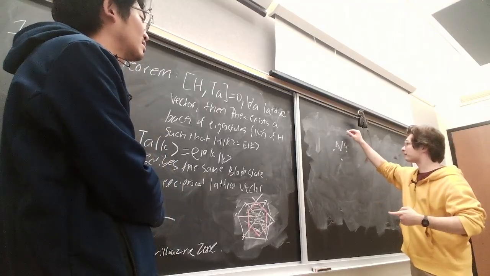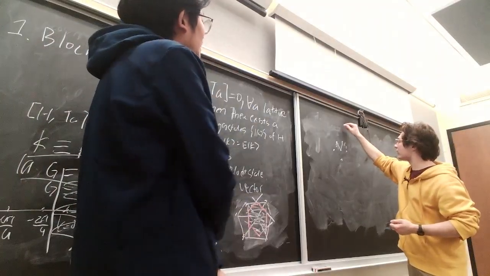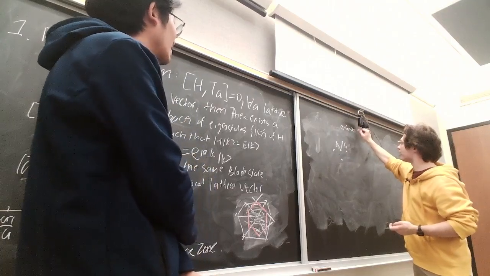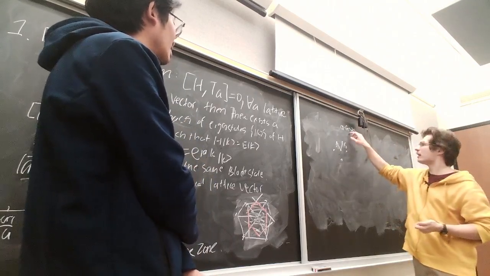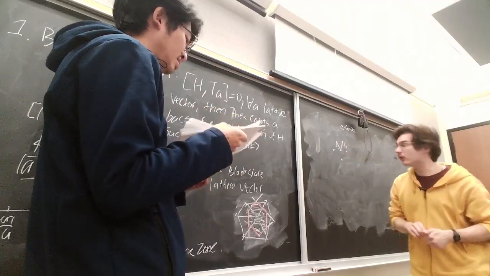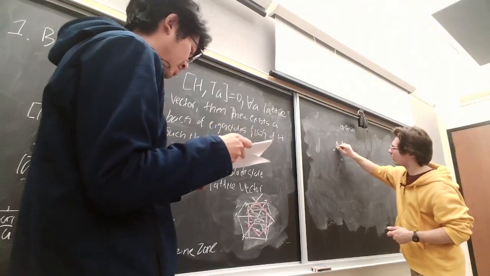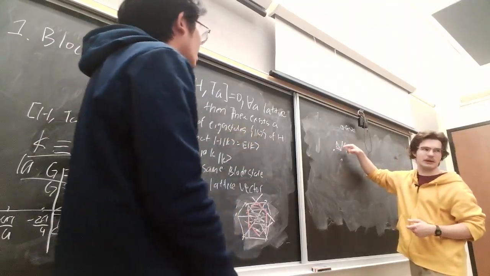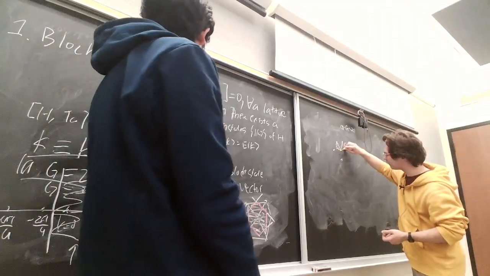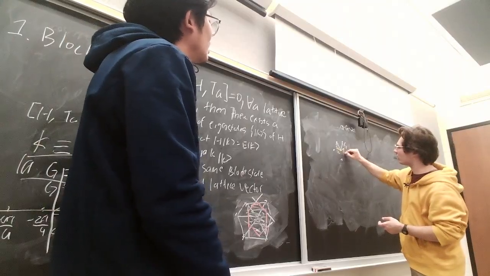Reciprocal lattice vectors would be such that A dot G is 2 pi. So I want to find vectors such that G dot these things is 2 pi. The way you do it geometrically is you take something that's perpendicular to A2 and has the right length to get 2 pi if you dot product it with this one, and then something perpendicular to this one. And so these are going to be my G2 and G1.